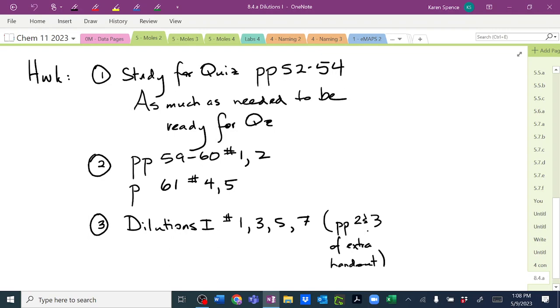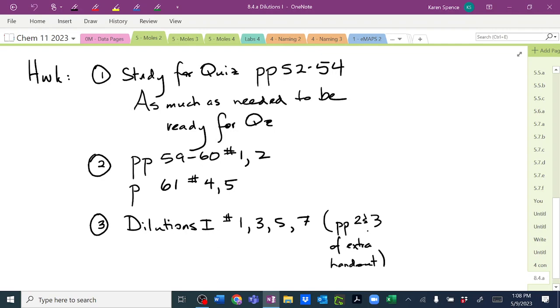And page 61, numbers 4 and 5. And then I might as well put up the thing that this is for Chem 12 takers only. And this is dilutions 1, numbers 1, 3, 5, and 7.